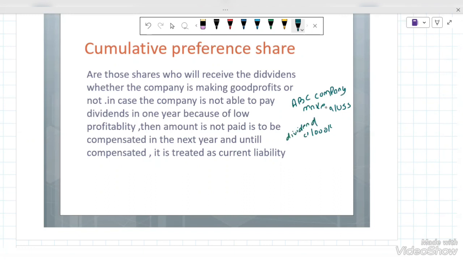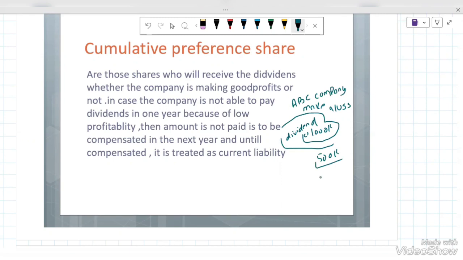So for example, if ABC company is not able to pay the full amount to the cumulative preference shareholders, like they cannot give 1,000K dividend, maybe they will give 500K.